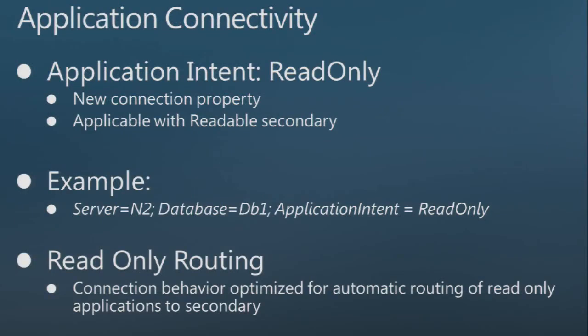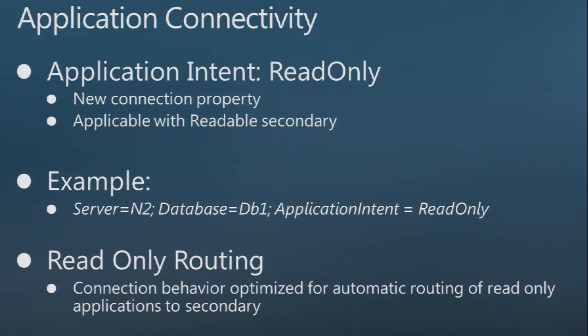So in terms of application connectivity, as I said, there is a new application intent called read-only. It's a new connection property, and the example shows how you will specify it. Now one interesting thing about the read-only property is, if you are connecting your reporting workload through it, AlwaysOn will automatically direct that reporting workload to the right secondary.